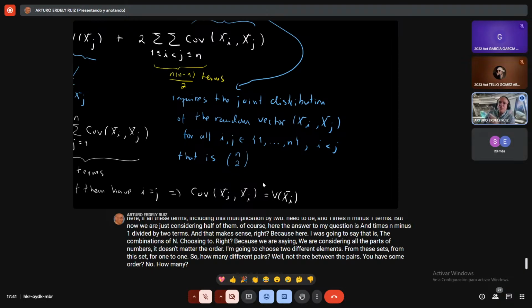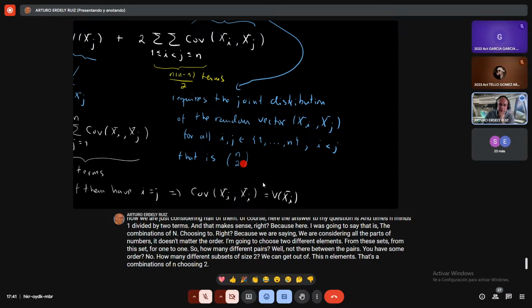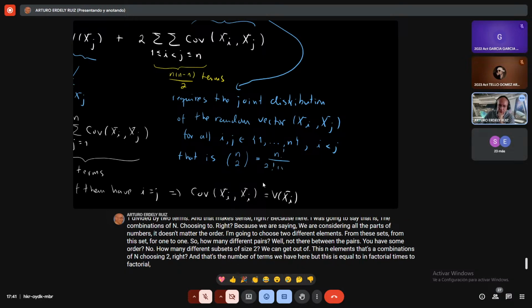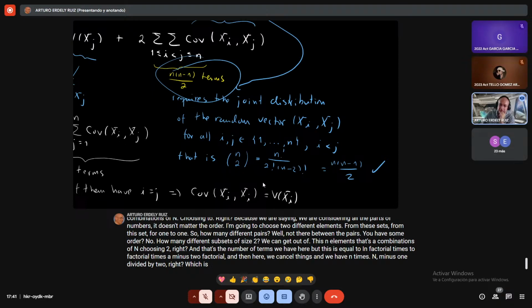How many different subsets of size 2 can we get out of these n elements? That's the combinations of n choosing 2, right? And that's the number of terms we have here. This is equal to n factorial over 2 factorial times n minus 2 factorial. Then we cancel things and we have n times n minus 1 divided by 2, right? Which is exactly what we were expecting, okay?